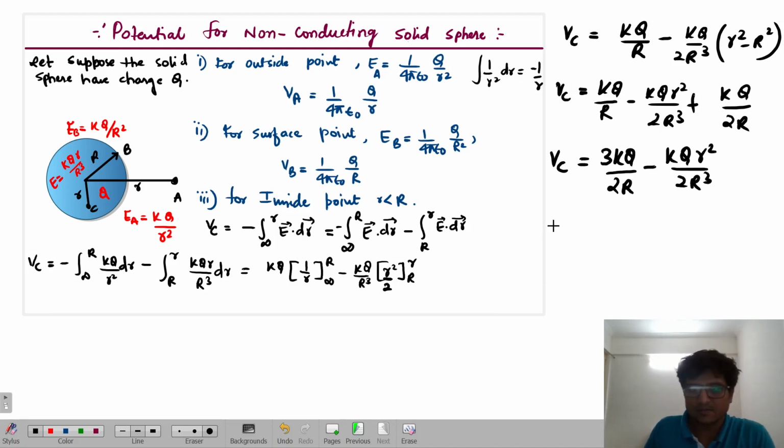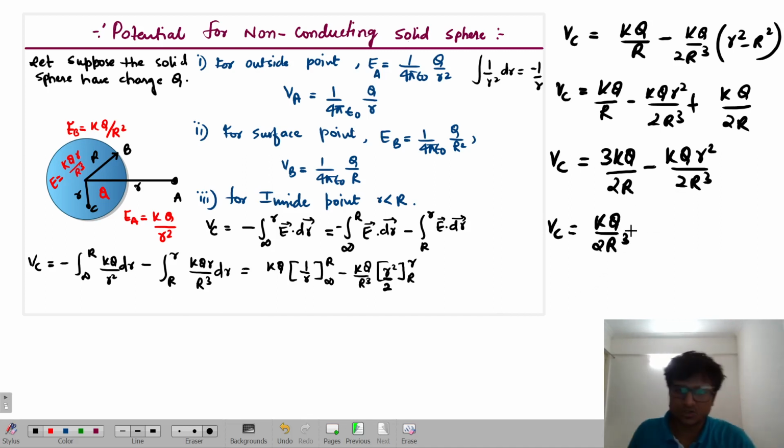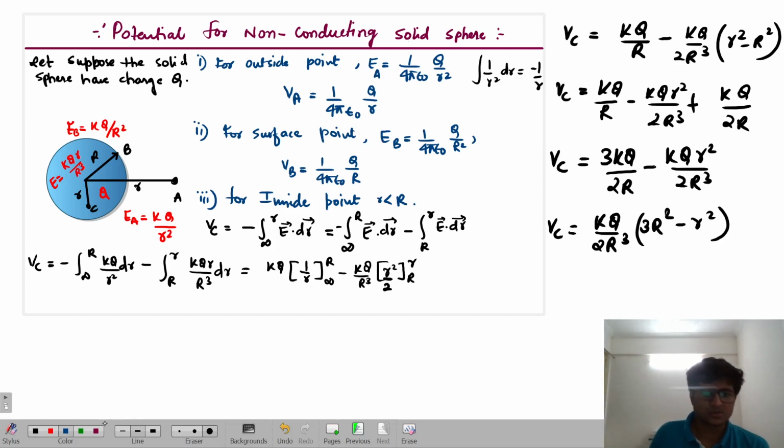So I can take VC is equal to what to be common? I can take KQ by 2R common. I will take this as common, and then I can multiply capital R square over here. So it is 3R square minus small r square. This is my potential at internal point. Are you able to get me? Yeah, so it's totally different.